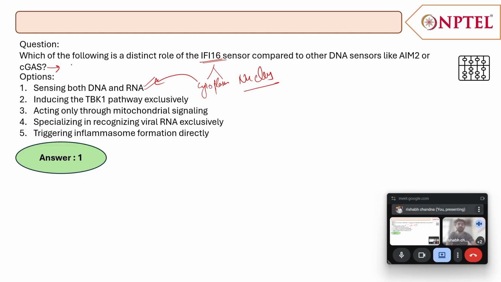So cGAS can detect only DNA, and AIM2 also can detect DNA. Just the difference was cGAS activates through STING, and AIM2 activates through caspase 1. Okay, so any doubts in this question?